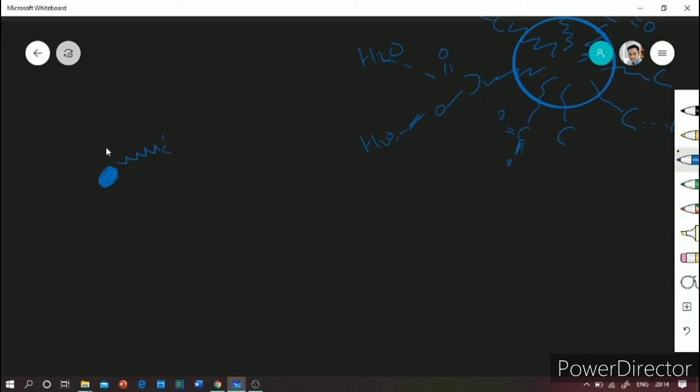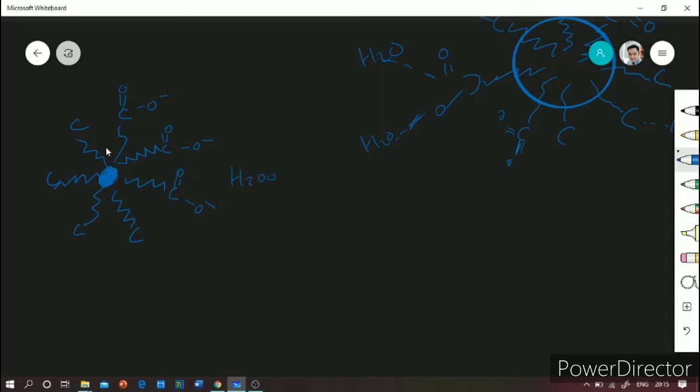This is carbon, this is O minus, again carbon, and O minus. You will have this and this and this. All of this has COO minus like this. And then water is in here.